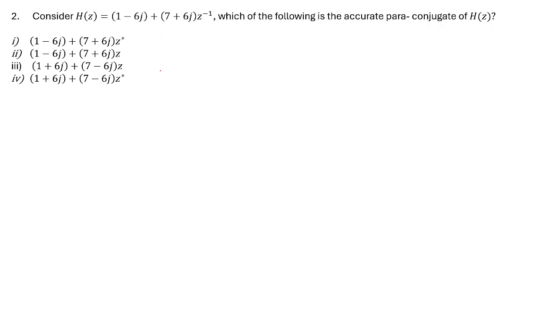Now this is almost similar to the previous question, the only difference is that instead of conjugation we have paraconjugation in the given problem. So what is the difference between conjugation and paraconjugation? Actually, paraconjugation satisfies the conjugation property that is there.